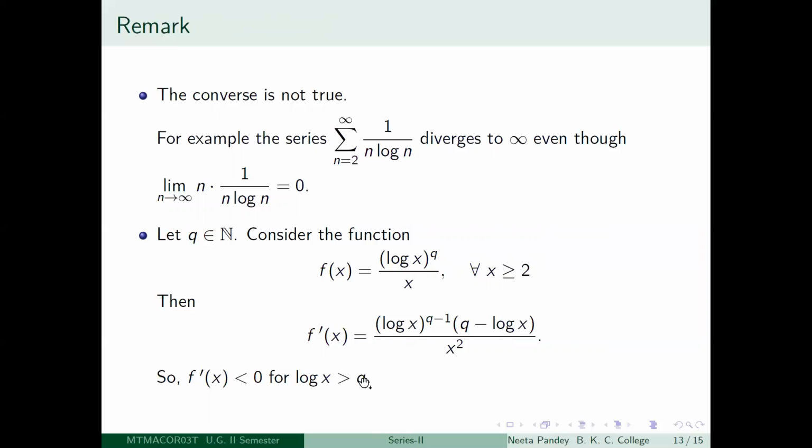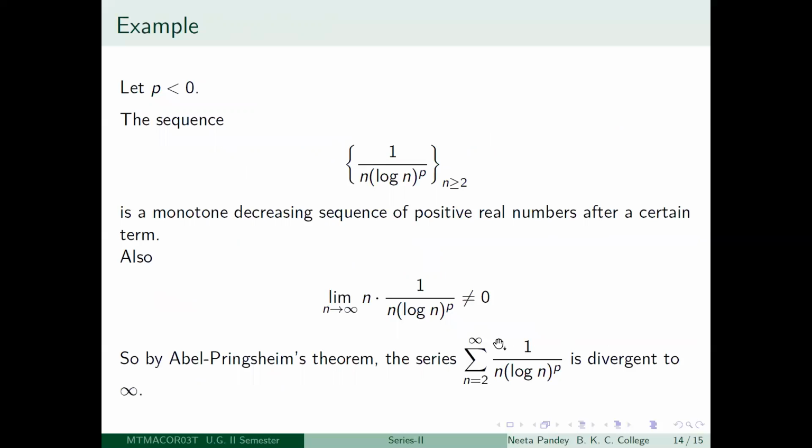So why should that happen? For that, we look at this function first of all. Because to apply Abel-Pringsheim's theorem, we do need a series whose terms form a monotonically decreasing sequence of non-negative real numbers. So therefore, I want to ensure that this is monotonically decreasing, right?